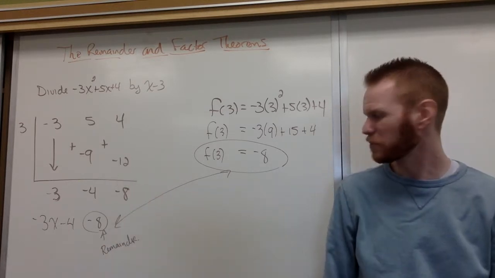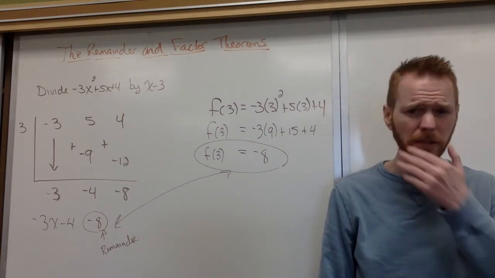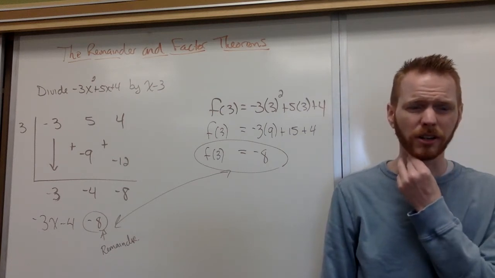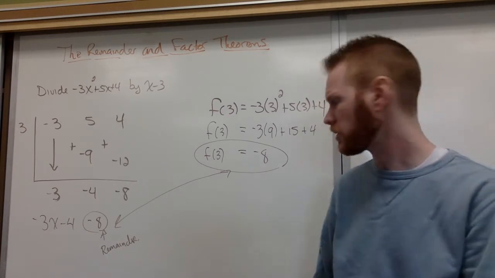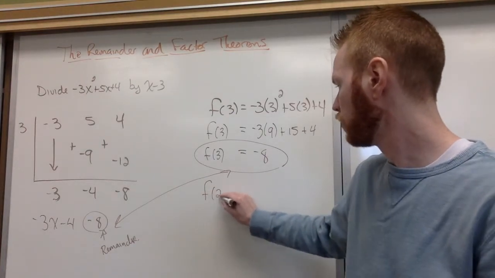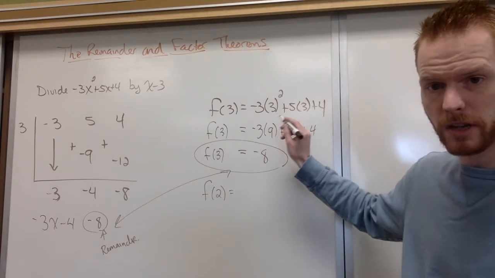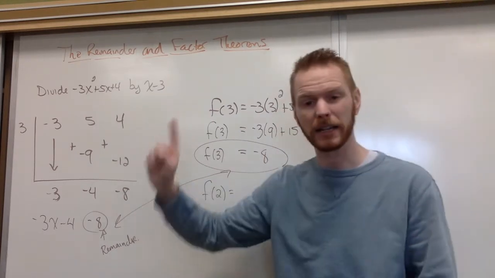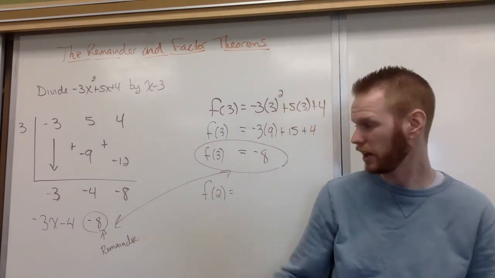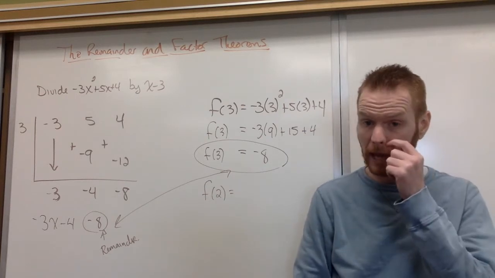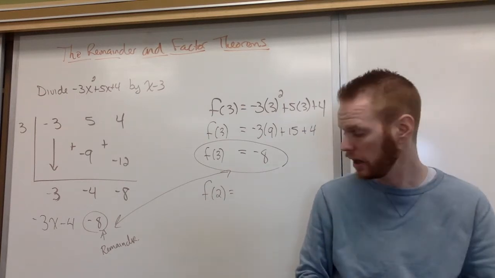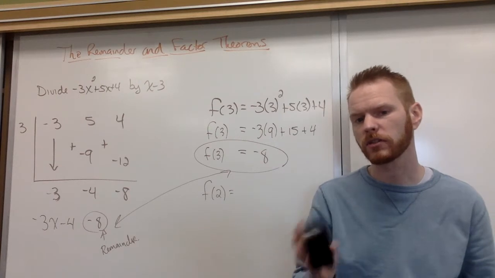But that's really cool. Let's think about this for a second. Would that work for every single problem? For instance, if I plugged in f of 2, is that going to be the same thing as dividing the polynomial by x minus 2, and the remainder would be the same as this? It would work out, and this is going to work every single time.